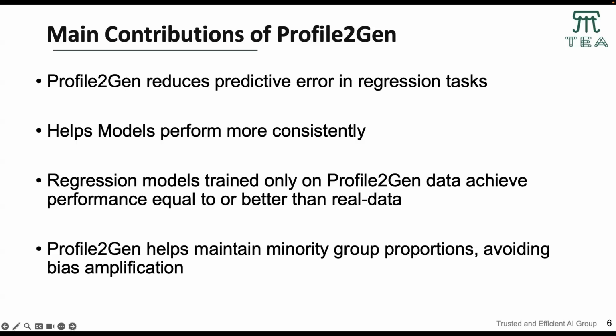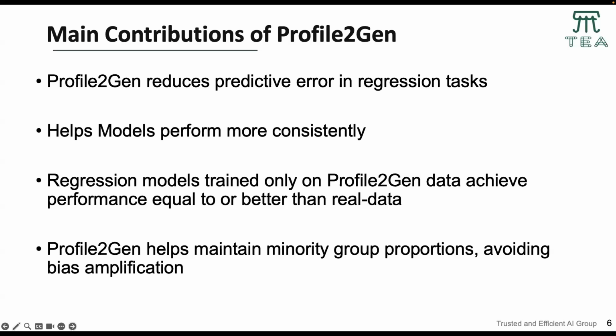In summary, this paper has four main contributions. This framework helps to reduce the predictive errors in its experiments. In this paper they applied it to regression tasks, and it also helps models to perform more stably. There are also two interesting points.